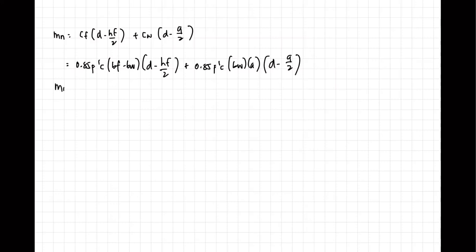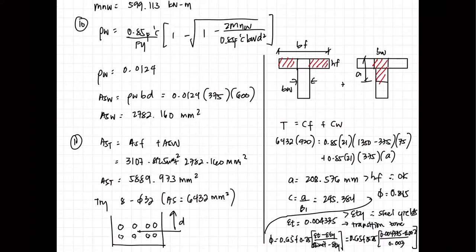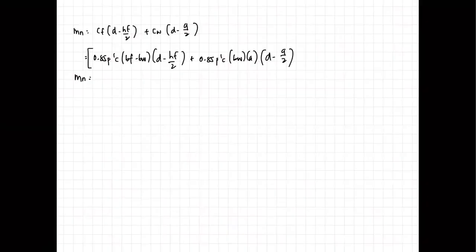So substituting yung values na nakuha natin sa previous slide, 21 times 1,350 minus 375 times 600 minus 75 over 2 plus 0.85 times 21 times 375 and ang value ng A natin is 208.576 times 600 minus 208.576 over 2. Okay? And then divide natin both whole equation by 1 million.